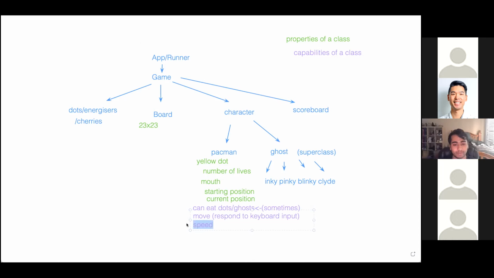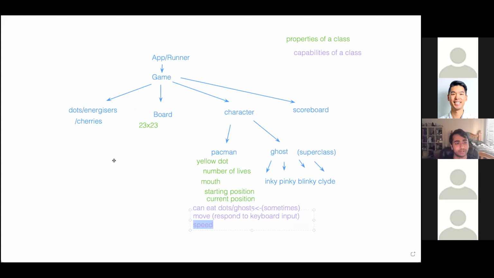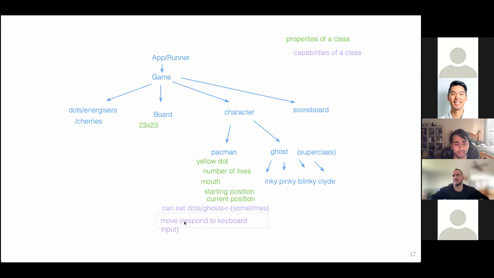Yeah, but if you think about it, both the ghosts and Pac-Man have movement speed, correct? Even if they're different amounts. It's the same case as that lifespan we talked about earlier with the turtle. So even while they're different, all the characters have a speed. So speed could be something that we would want to put under character versus under Pac-Man or under Ghost. Does everyone get that? Yep.